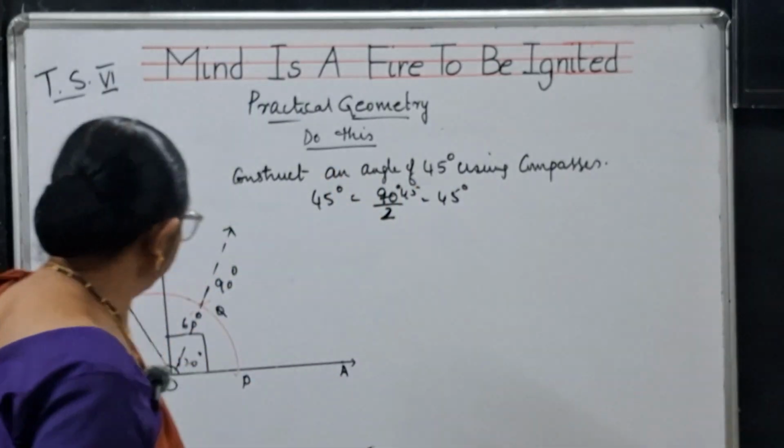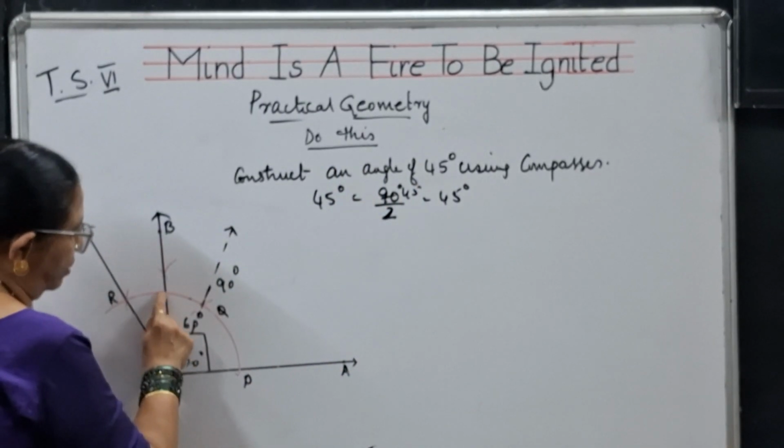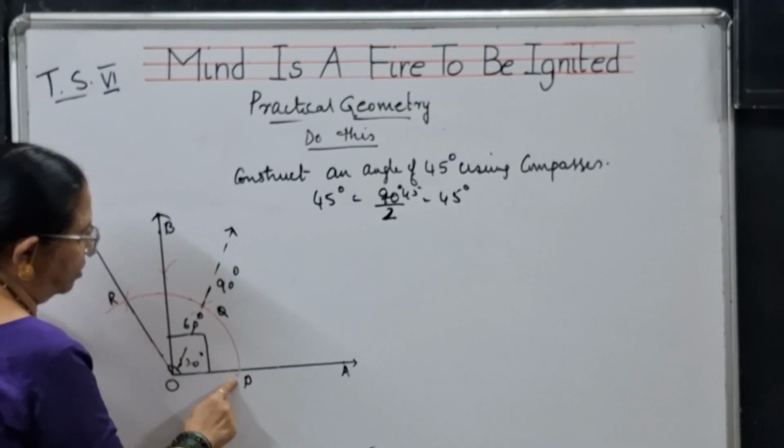So how will you bisect 90 degrees? See, angle BOA is 90 degrees and this is the arc that is drawn.